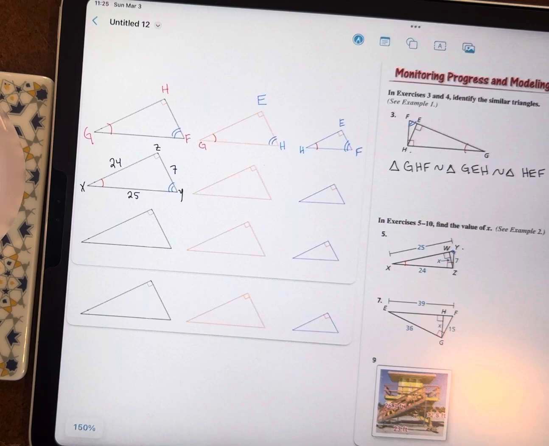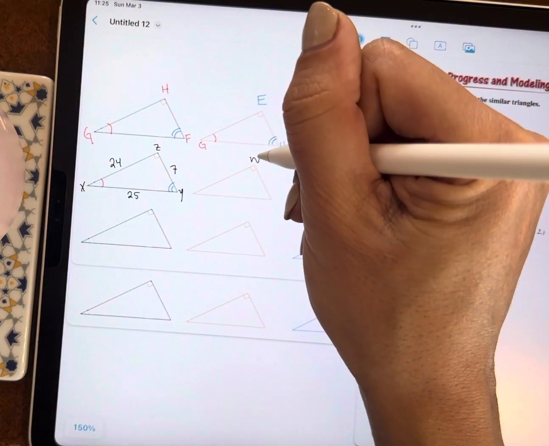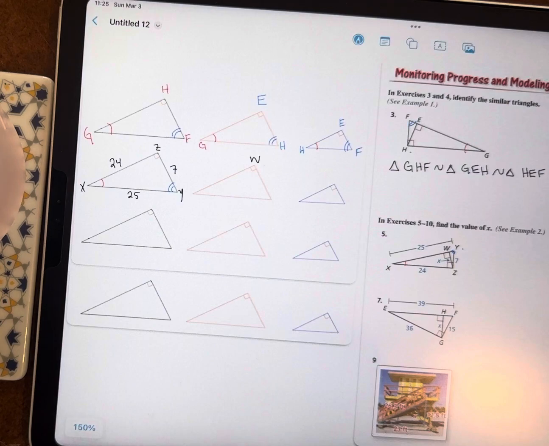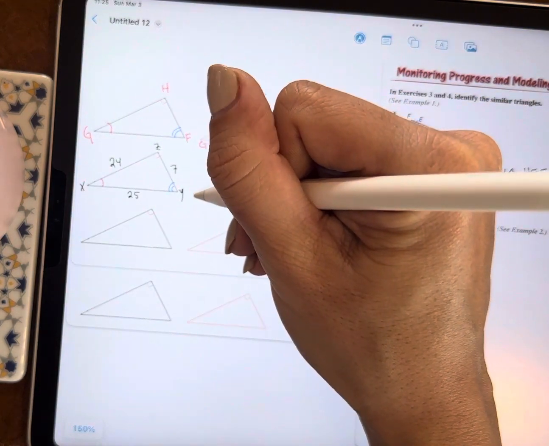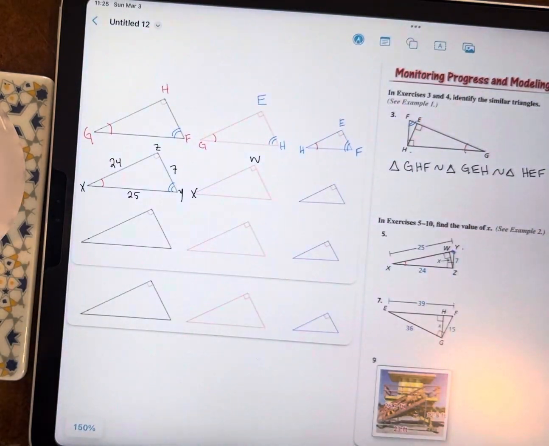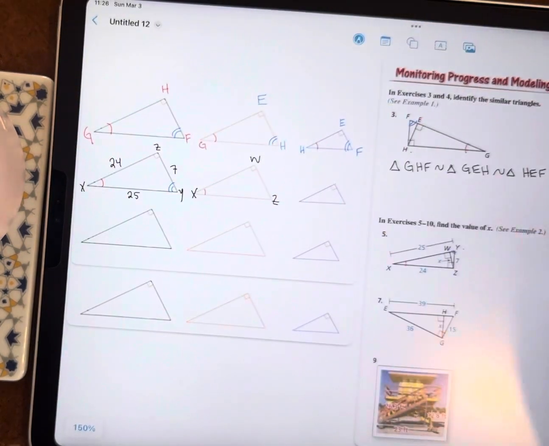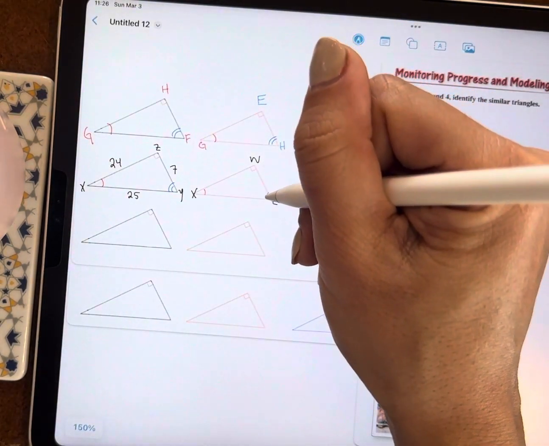Okay. All right, let's look at the medium triangle. The medium triangle has the right angle at W. Then its small angle across the short side is X. And the only other angle is Z, which makes this guy this.